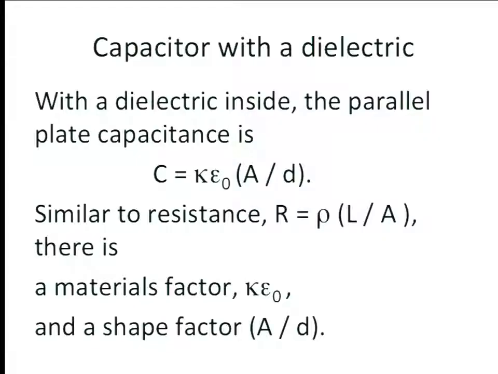Now, the interesting thing is now we can see a very nice relationship between the resistor and the capacitor. Because the resistor, if you recall, was given by the resistivity times the length over the area. So I pointed out to you that you have here a materials factor, the resistivity, which is an intrinsic property.